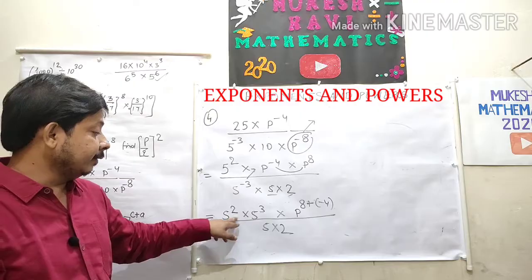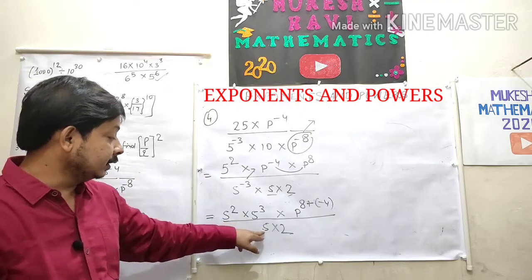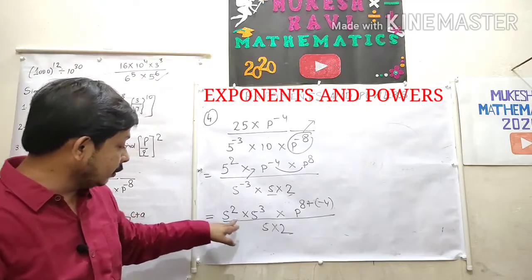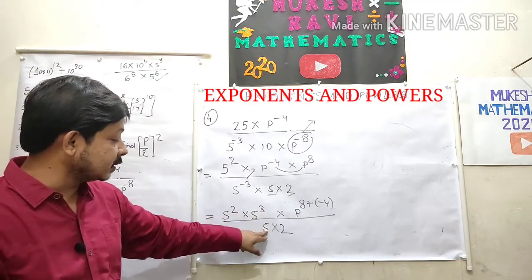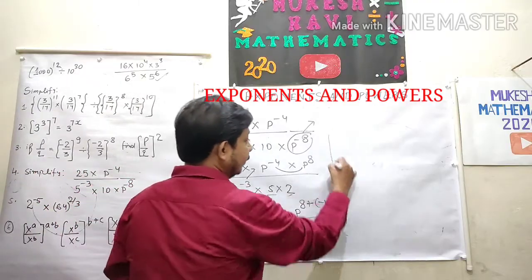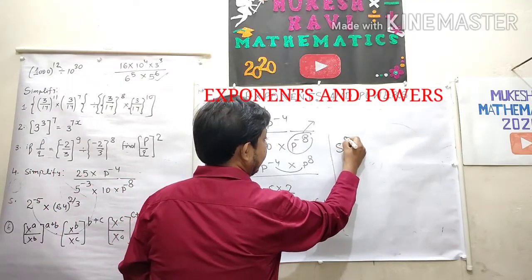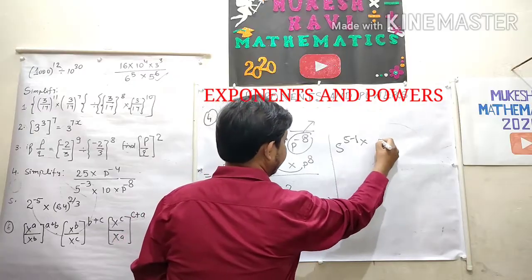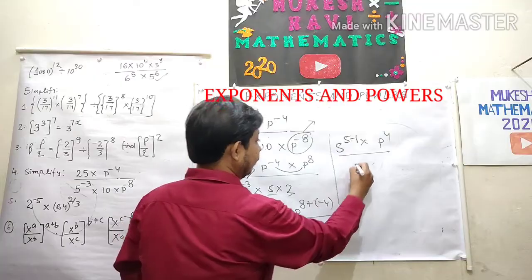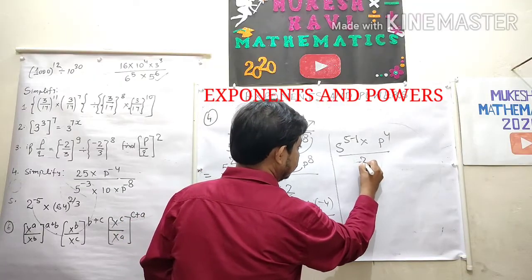Now you check. 5 5s are 25. But here what happened? This is 10. So now you check 5, 2 plus 3, and this power will go negative, minus 1. So 5 to the power 5 minus 1 multiplied by p to the power 8 minus 4, and 5, and here 2.